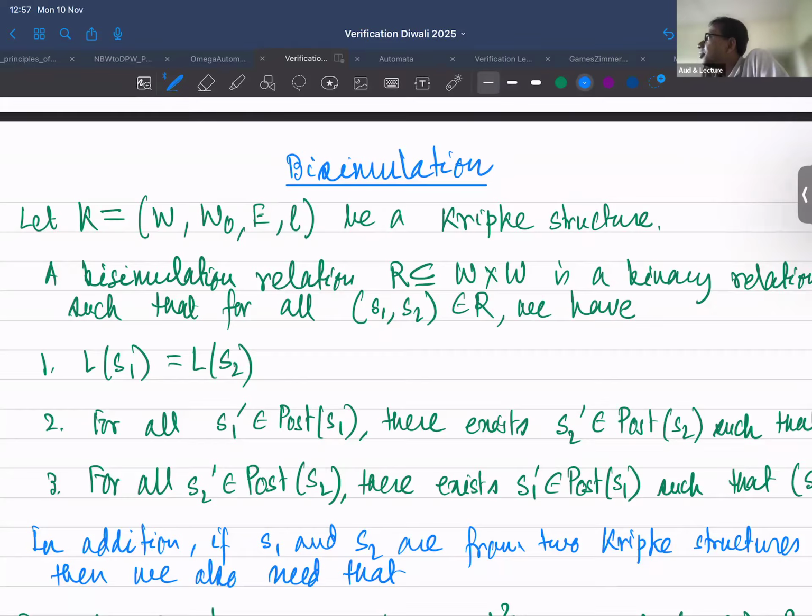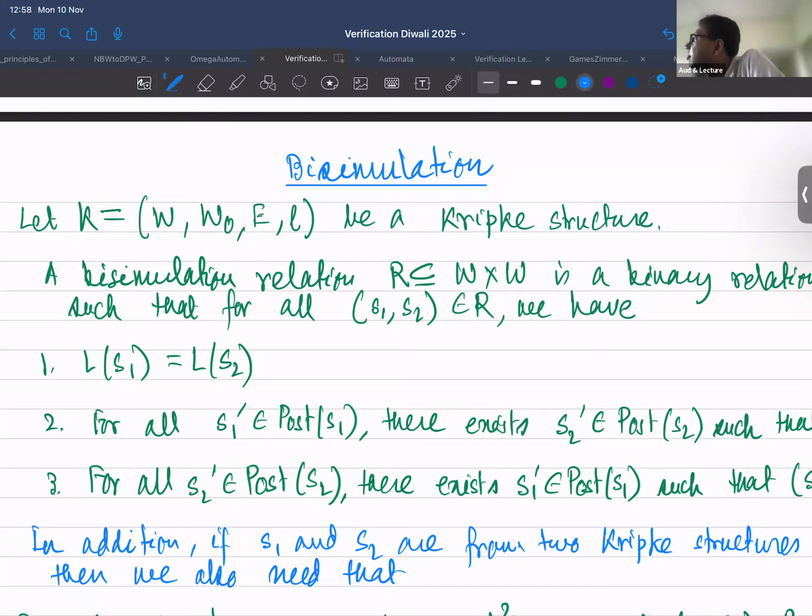So if you can say that, then what are the notions of equivalence across these transition systems if they satisfy the same set of CTL formulas? Are these Kripke structures equivalent in some sense?